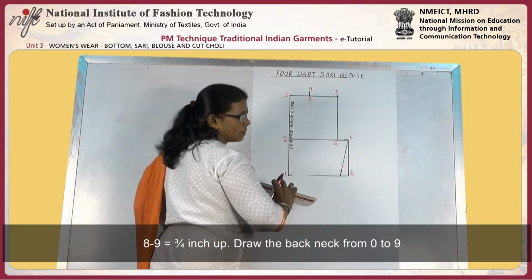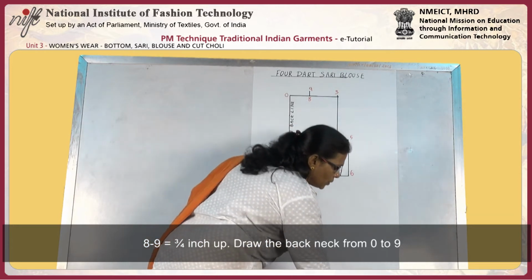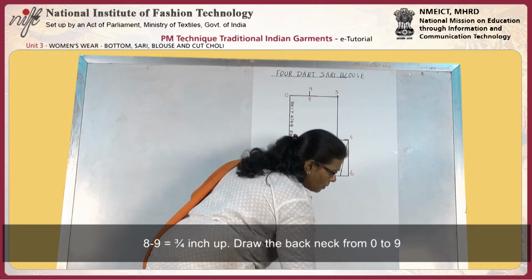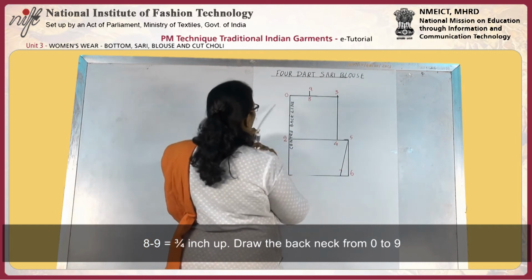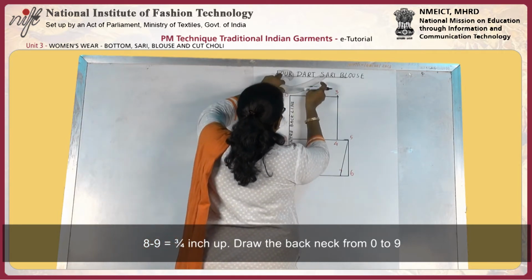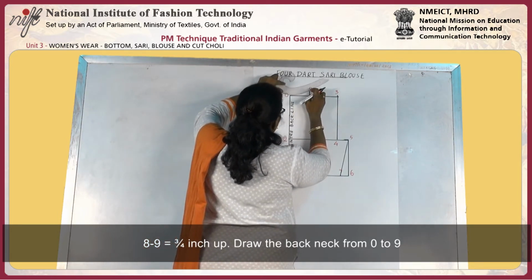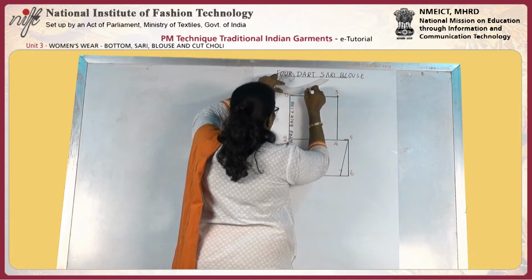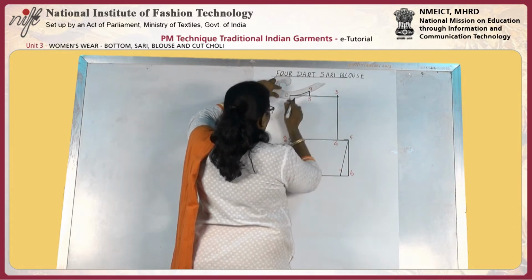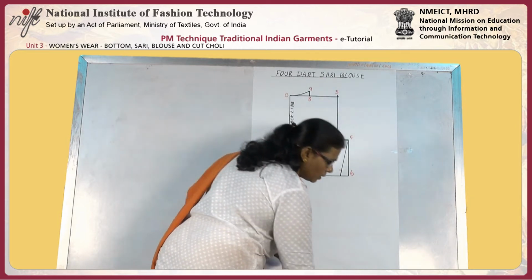Mark 9 and draw the neck shape from 0 to 9. This is the back neck, which gives the closed neck.